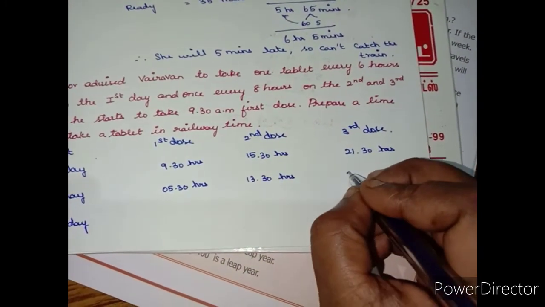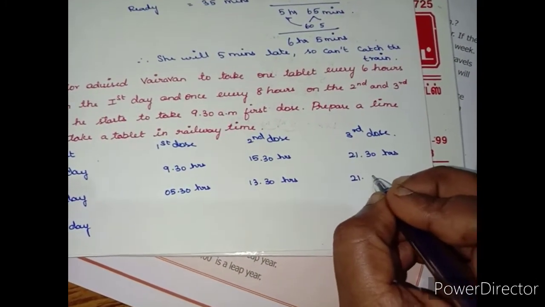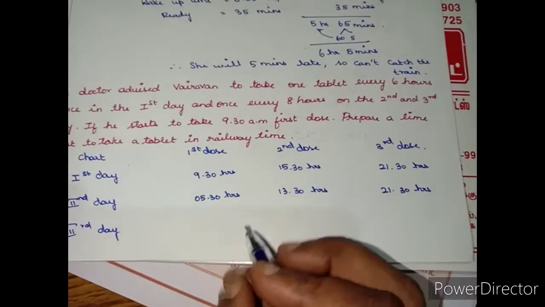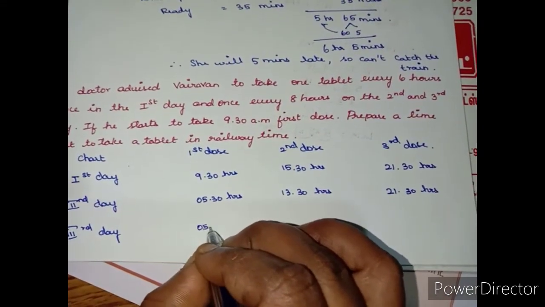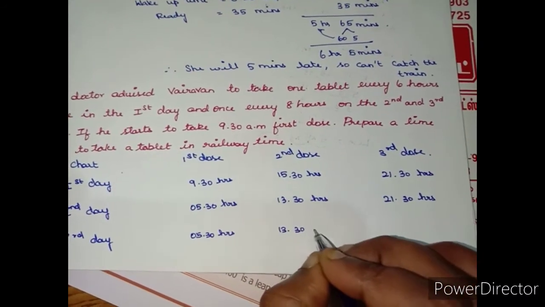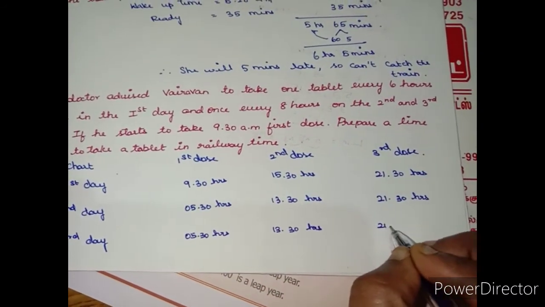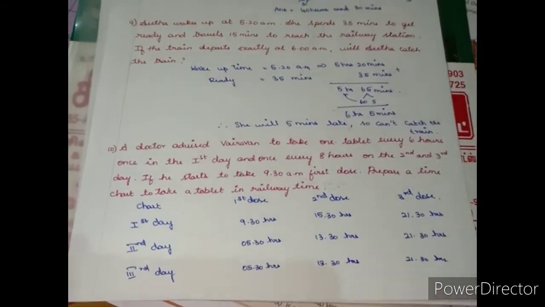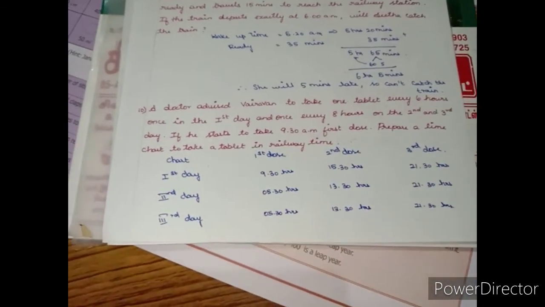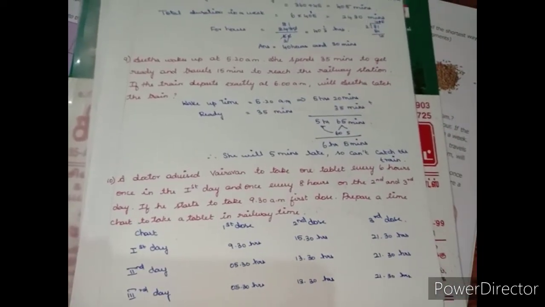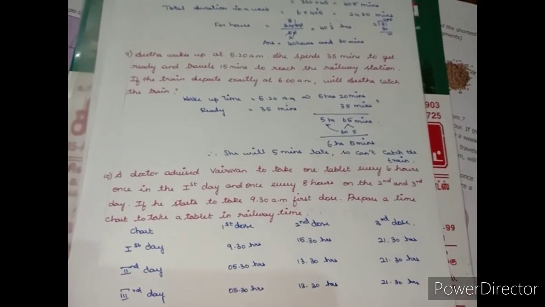So again 21:30. So the third day is going to be the same, 5:30 hours, 13:30, because second and third day it is going to be the same, 21:30 hours. Okay students, I hope you understood this. It's a tricky sum. If you understand the question, you will find it very easy to solve the sums.